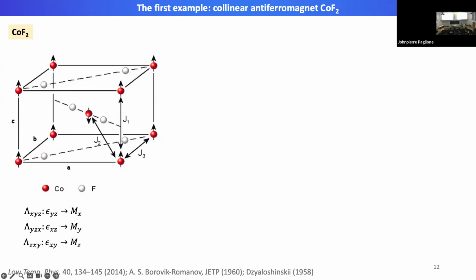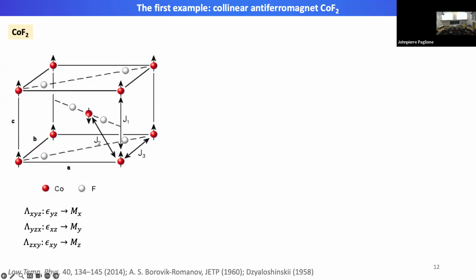Also locally, the crystal environment for the cobalt atoms has fluorine atoms right next to them. For the atoms at the corners, you have the fluorine atoms going in this diagonal direction, while for the body center cobalt atoms, you have the two fluorine atoms going in the other diagonal direction.